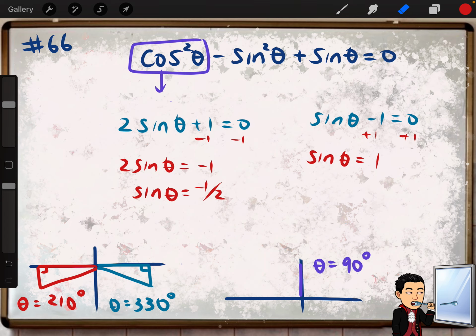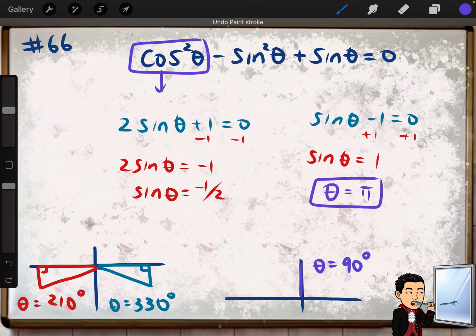All right, so sine theta equals 1 is basically just theta equals 90 degrees. For that, let me get my purple out, theta equals pi over 2. Now let's look at this tricky one. You know that sine theta is basically y over r, so that's saying negative 1 over 2.